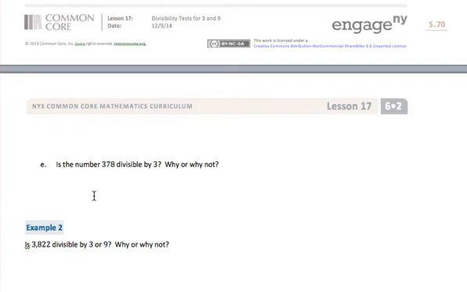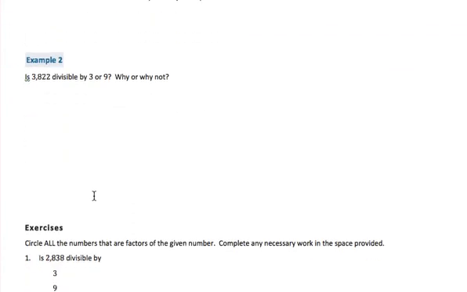Example 2. Is 3,822 divisible by 3 or 9? Why or why not? So the first thing we need to do is to add the sum of its digits. 3 plus 8 plus 2 plus 2. 3 plus 8 is 11, plus 2 is 13, plus 2 is 15.